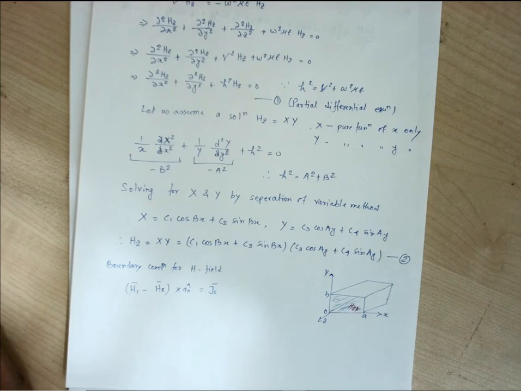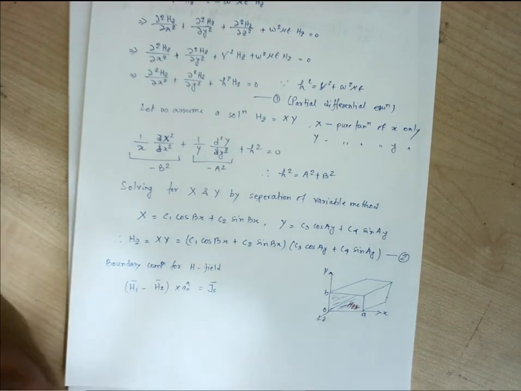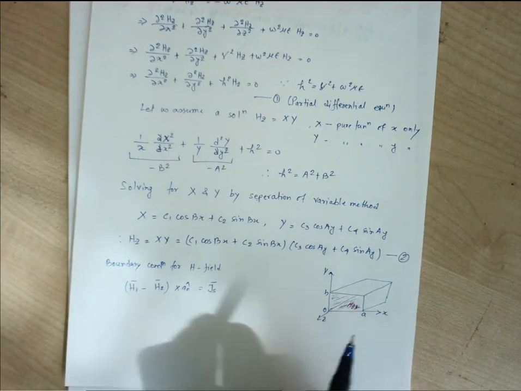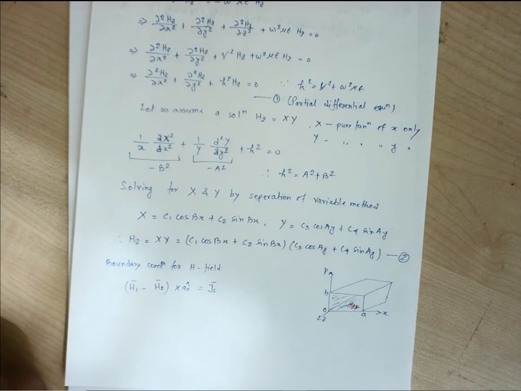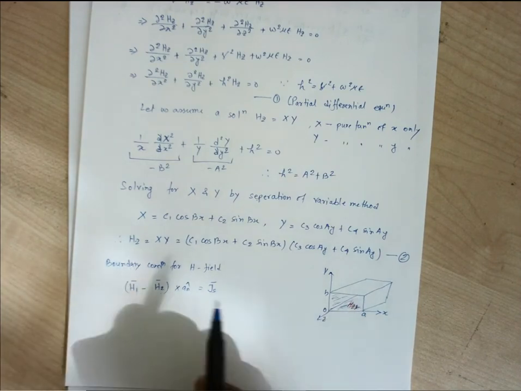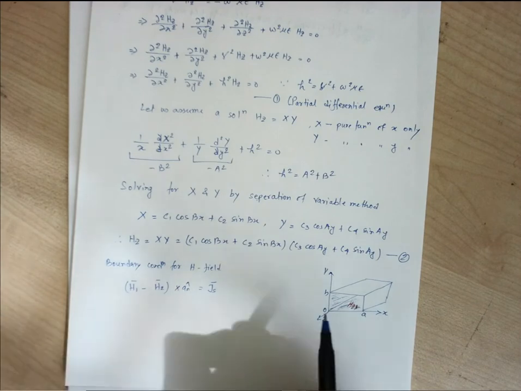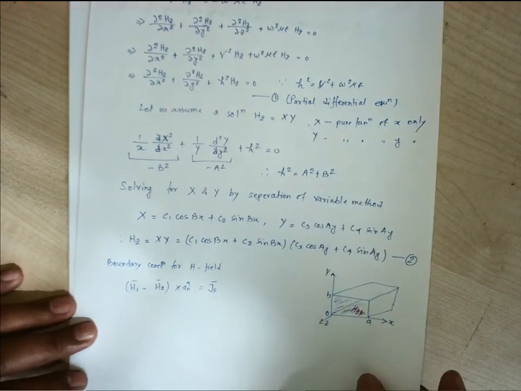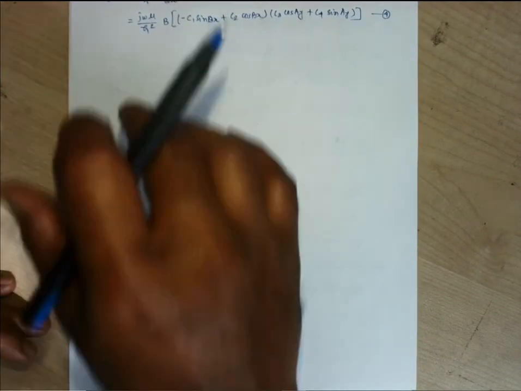Now if we consider Ey, Ey is along the y-axis, so this Ey field component will be tangential on the left side wall as well as on the right side wall. So Ex will be 0 for the bottom and top wall, and Ey will be 0 for the left side and right side wall. By taking these boundary conditions, we are going to find out the constant values.